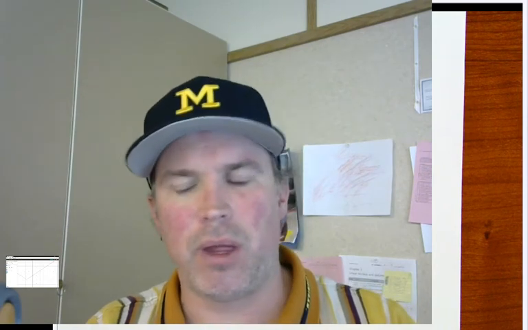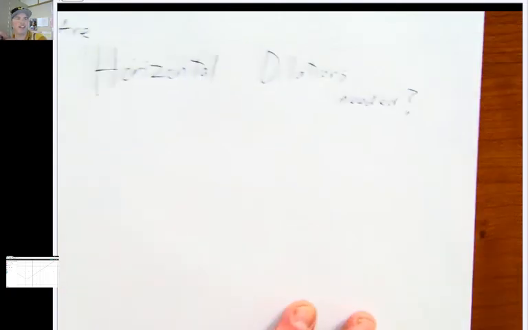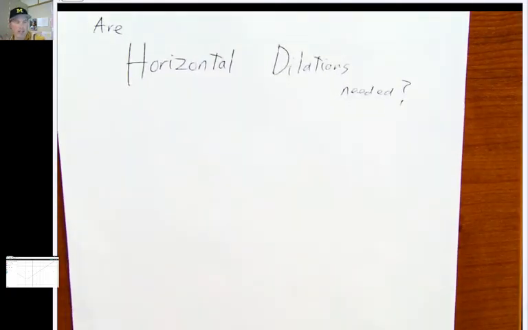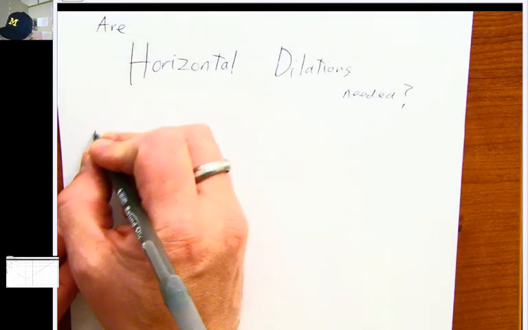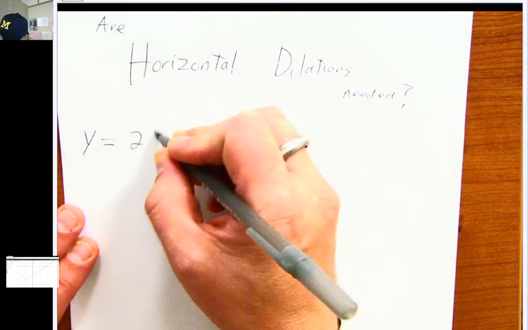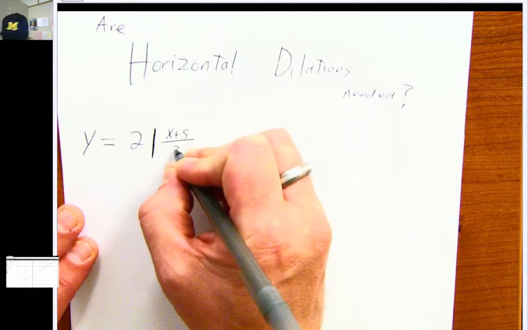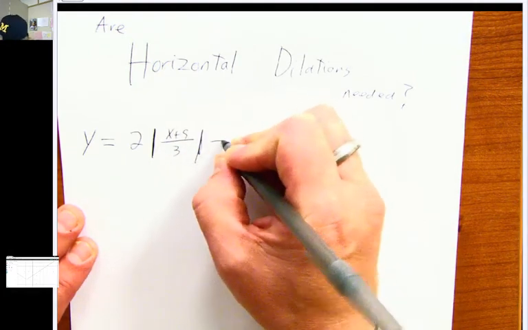But either way, I'm not sure horizontal dilations are always 100% necessary. And that's in the title of this quickie lesson today. Are horizontal dilations necessary? So let's look at this equation right here. Suppose I had y equals 2 times the absolute value of (x plus 5) over 3, minus 4.